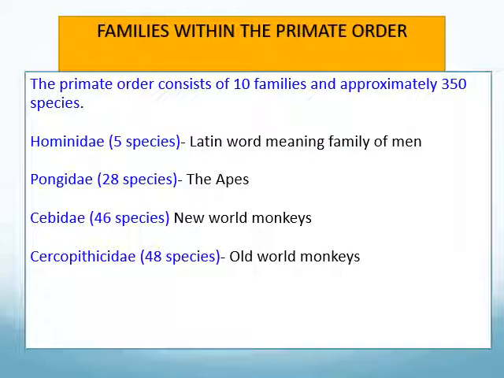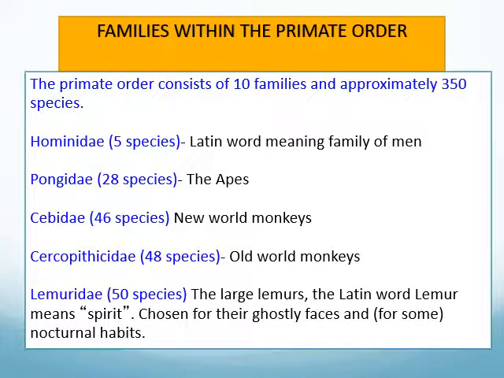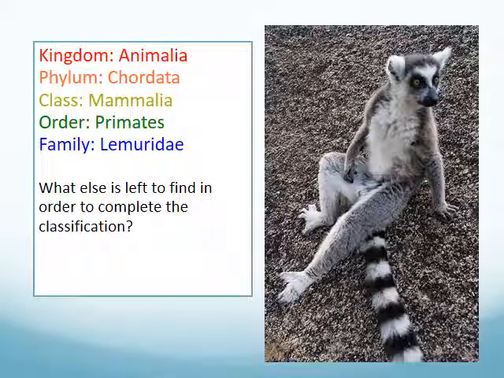And look at how many species fit within each of those. It's crazy. And then Lemuridae, which is the large lemurs. The Latin word for lemur means spirit. They are chosen for their ghostly faces and for some of their nocturnal habits. And this one is definitely a lemur. So what else is left to find out to complete our classification chart? Now we need to do the genus and the species.